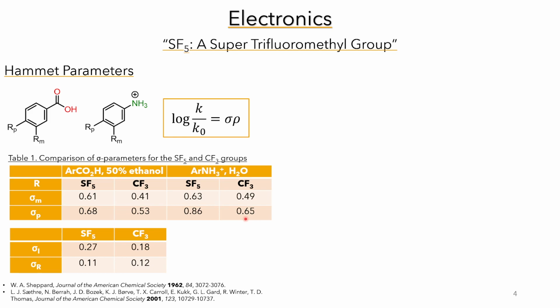This just means that it's a much more powerful electron withdrawing group, as expected. We also have at the bottom here some of the inductive and resonance effects. Inductively, SF5 is again much more powerful than CF3 in terms of its ability to pull electron density towards itself in a molecule. In terms of the resonance effects, not much of a difference actually between the two.